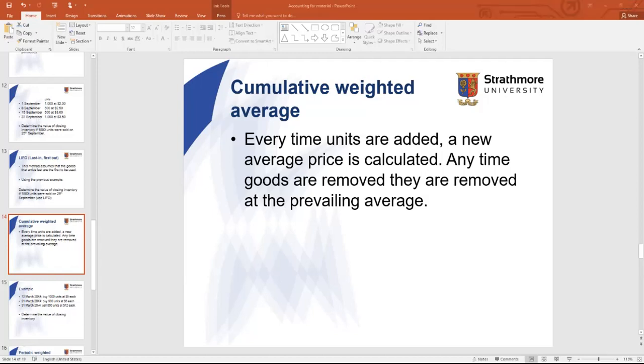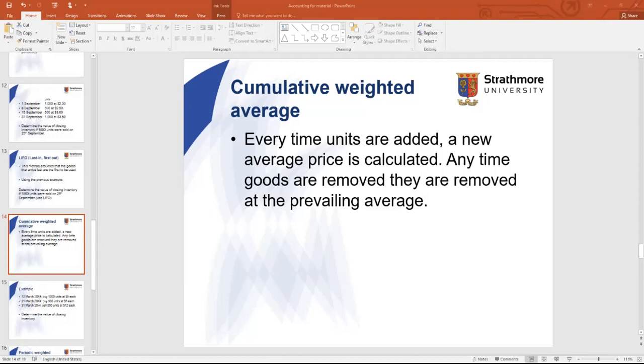If, for example, you're going to sell an item on 10th of September, the value of the items we are selling will be the average price for the items that we had from 1st September up to the 10th of September. So we get the average price for all the items we acquired between 1st and the 10th, and the items we are selling on the 10th will be at the average price I've just calculated.